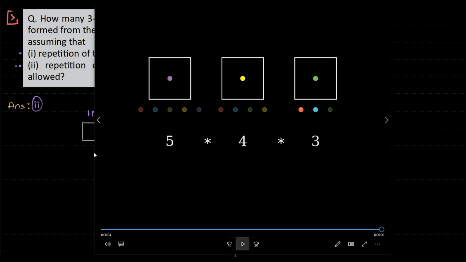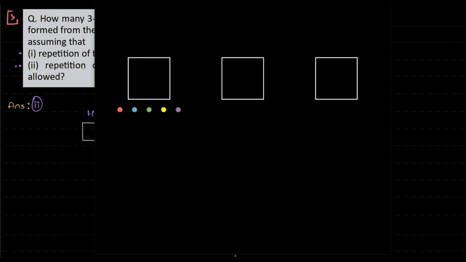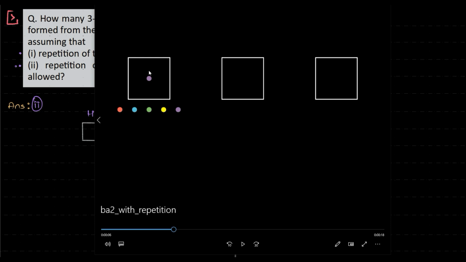Okay. Now let me show what it means when repetition is allowed. This is non-repetition, this is with repetition. What is happening over there? I made use of this, but that didn't disappear. Are you getting that? That didn't disappear.